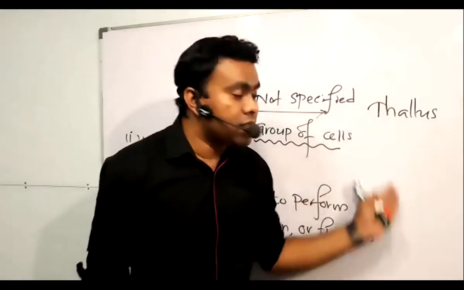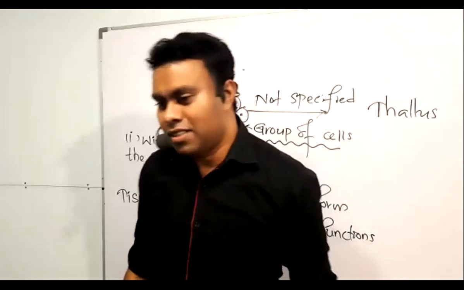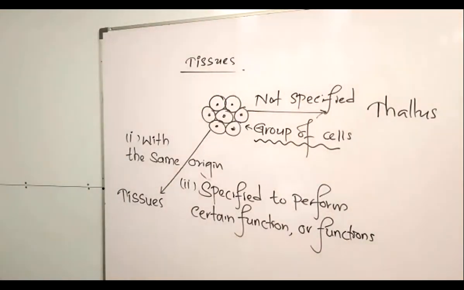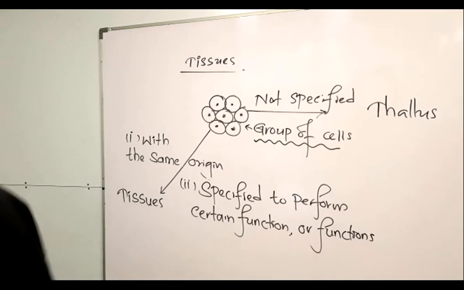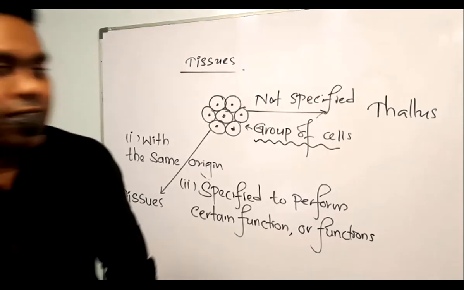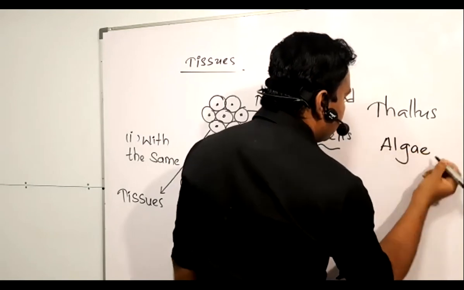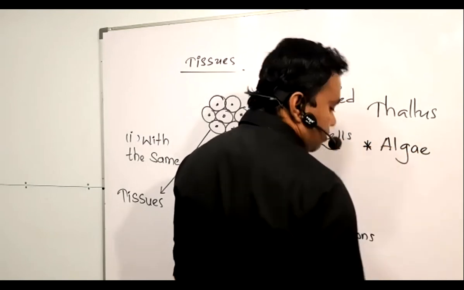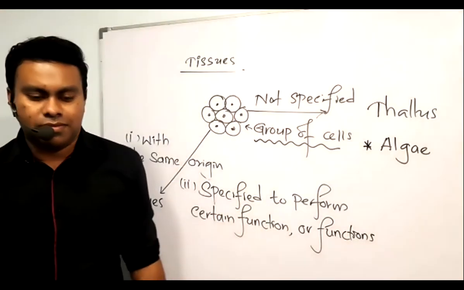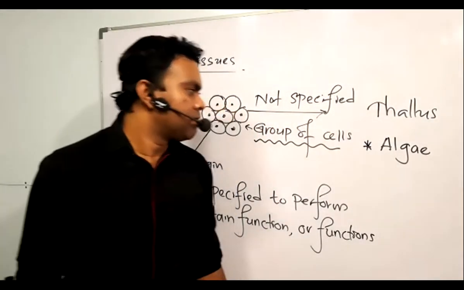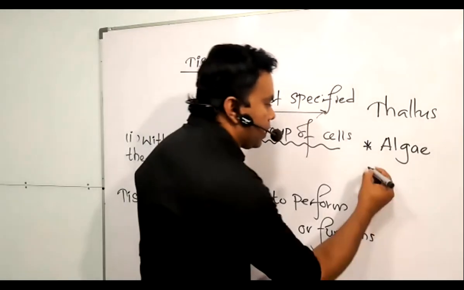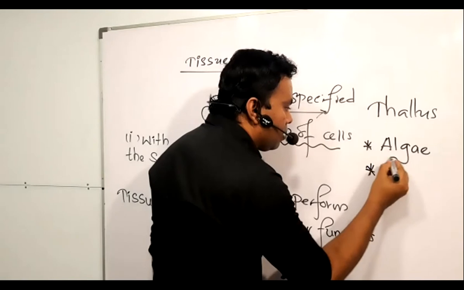Tell me two organisms that show a thallus. Very good, Hiroshi, algae. One is algae. Another one, fungi.